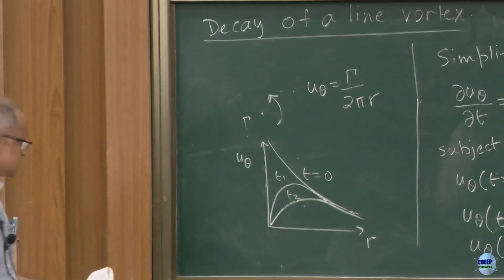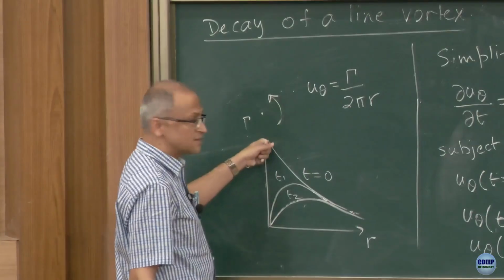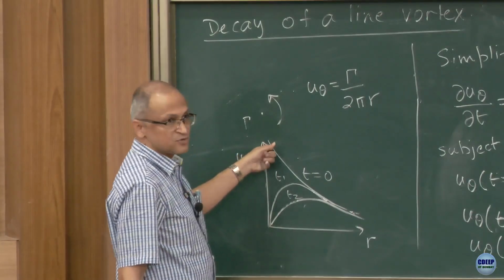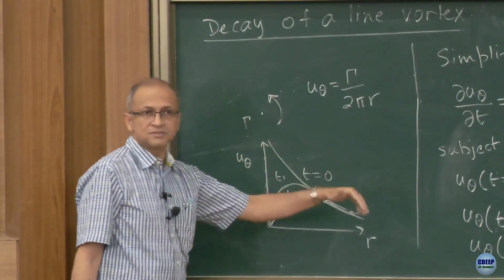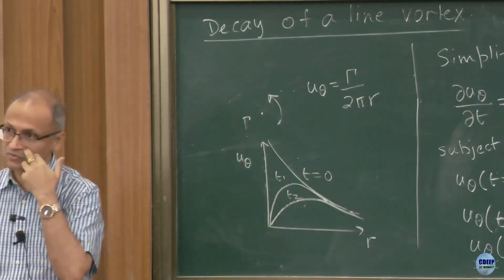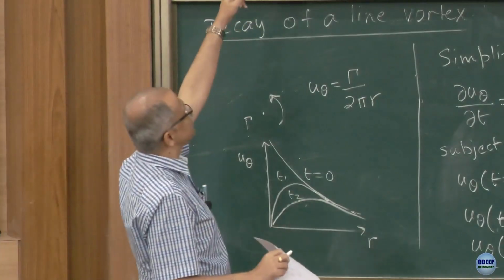So what has changed here is that at t equal to 0, where u was infinite, you have put it as 0, and that is what has caused this decay in velocity. The velocity can no longer sustain itself as gamma by 2 pi r.